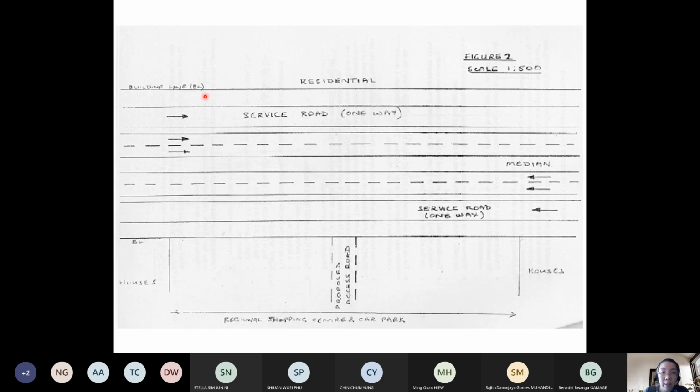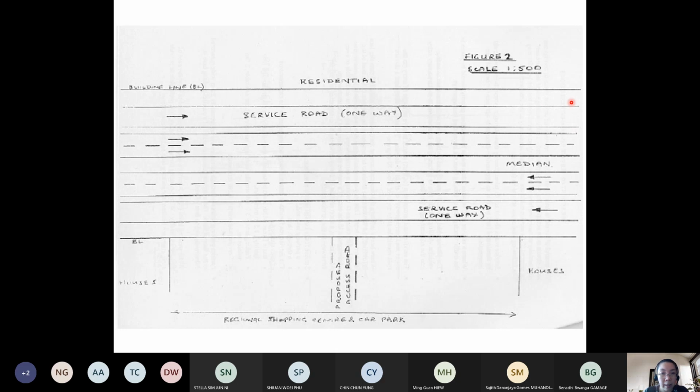If you have residential areas here, it will have a lot of small junctions connecting to the service roads. And from the service road, usually you have one opening, and another opening, 2 openings or maybe more, but those are spaced quite far apart.